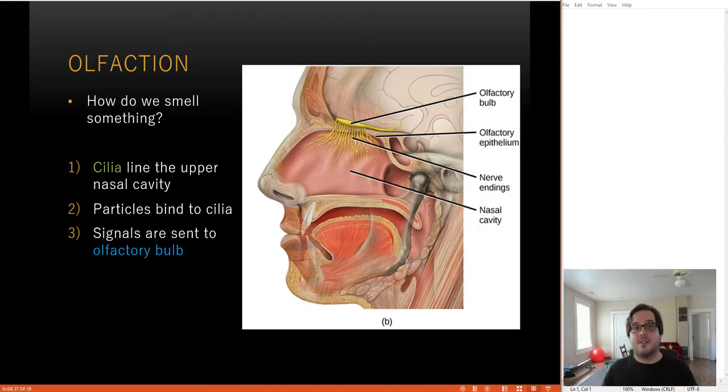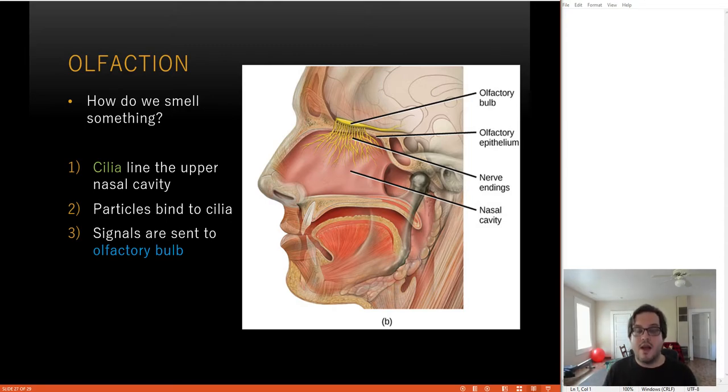When you smell something, there are particles of whatever you're smelling within the air. So when you smell a hamburger or some soup, you're taking in particles of that soup. Those particles bind to the cilia, and once they're bound, they stimulate nerves within those cilia. Once they bind, they send those signals up, straight to the olfactory bulb, and then the olfactory bulb processes that sensation.